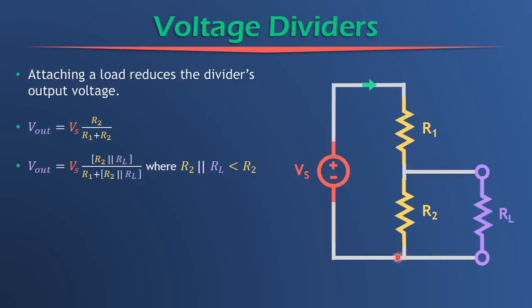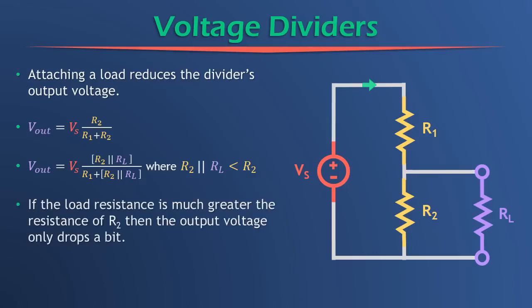So the equivalent resistance is going to be less because now there is another path for current to travel through. So if the equivalent resistance up here is less than the original R2, that means that this voltage output is going to be less than the original voltage output.